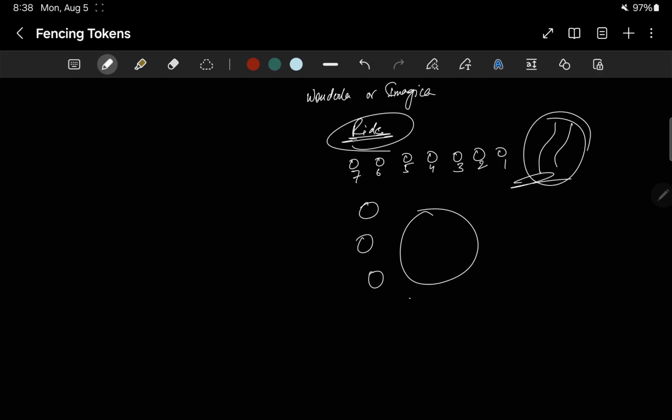So let's say there are different nodes waiting to access a shared resource, but it is something which cannot be modified by more than one party at a time, so there will be a lock on it.